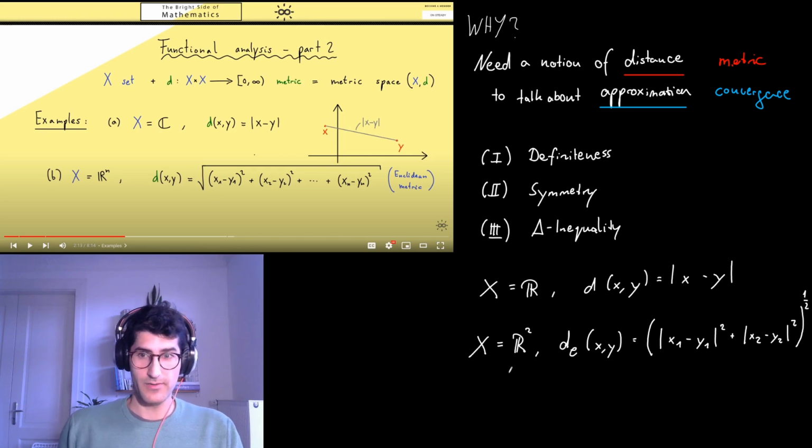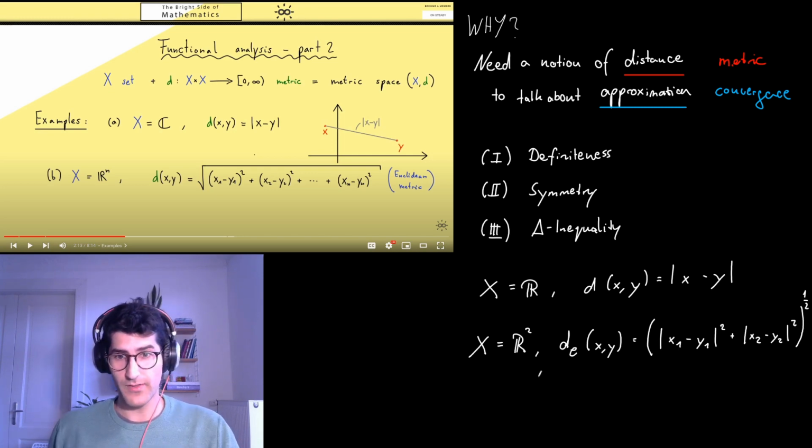One question you may ask yourself is, why do I need the sum here? Wouldn't it suffice to just take one of the vector's components and look at the difference there? Well, let's see.